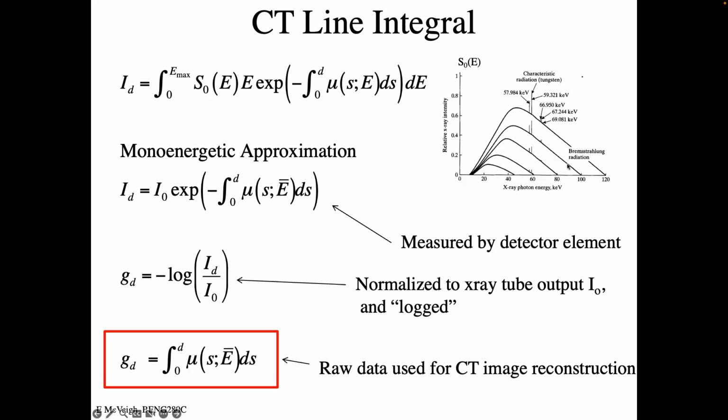That's most of the time what's done: you assume the mean of this distribution is like 59 keV. So when I look up the mu value of some material, I will look it up at 59, and I'll assume that's what's happening in my scanner.